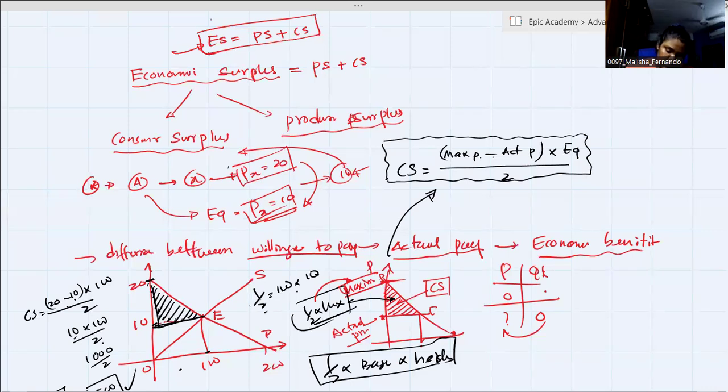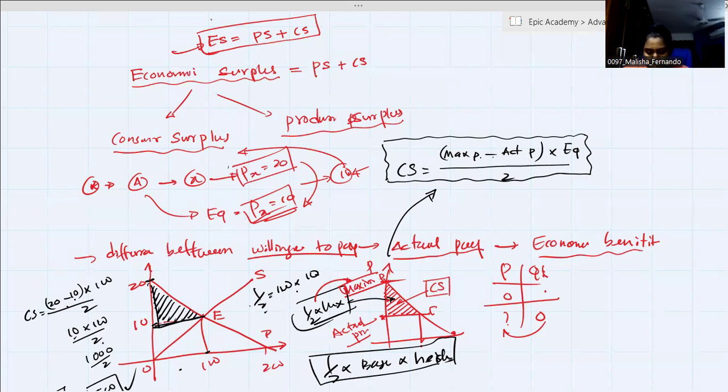Sometimes in some questions, some papers, they request you to calculate the economic surplus. Okay, you can calculate producer surplus and consumer surplus separately and just use this equation. ES equals PS plus CS.